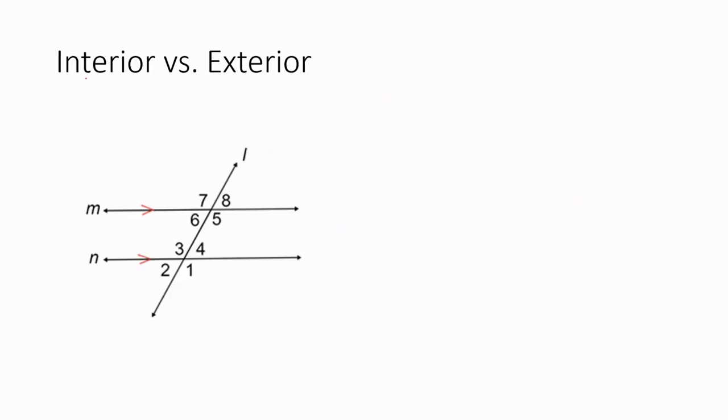So the first key vocab here for the angles are interior angles versus exterior. So interior are the set of angles between the parallel lines. In this case, the angles 6, 5, 3, and 4 are all interior angles because they're between lines M and N. Next, we have exterior angles, and the exterior angles are formed on the outside of parallel lines.